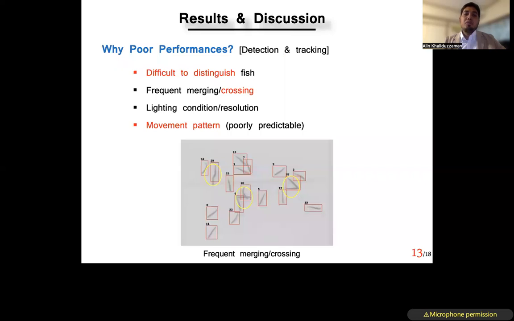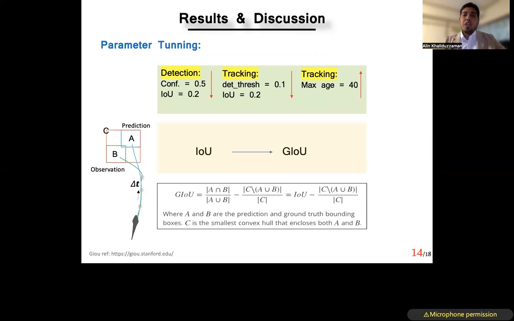Probably we need a higher resolution and clearer video so that the algorithm can detect and distinguish the two objects. Another thing is the movement pattern of the fish, which is sometimes very complex or unpredictable.